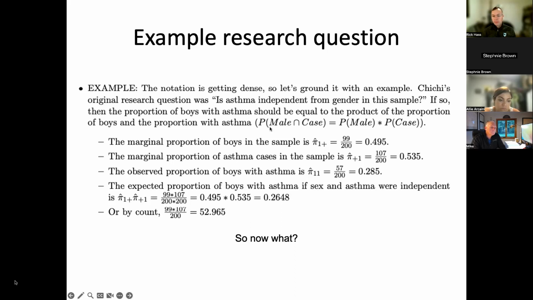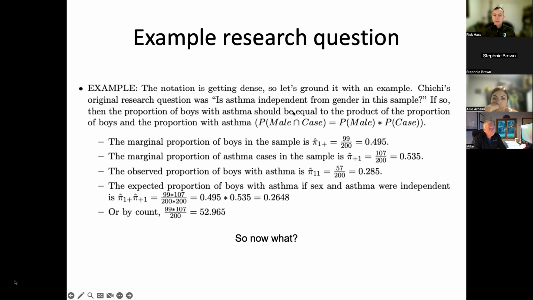That, which is as follows, the probability of being a male asthma sufferer should be equal to, in the population, the product of the marginal probability of being male times the marginal probability of being a case. So we now, from our data set, have all this information to do this test, right?